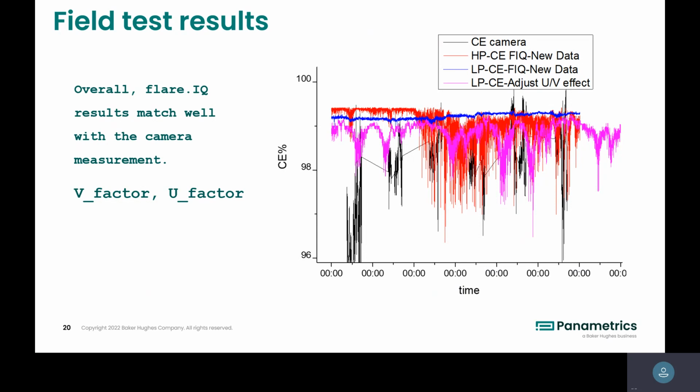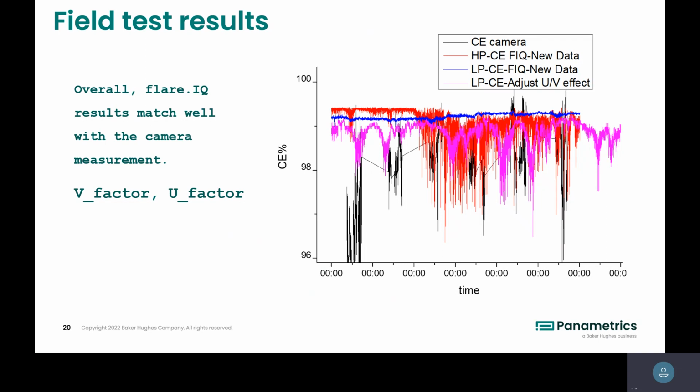For example, on the first day you see a large discrepancy because that day it was very windy, 20-something to 30 miles per hour wind.